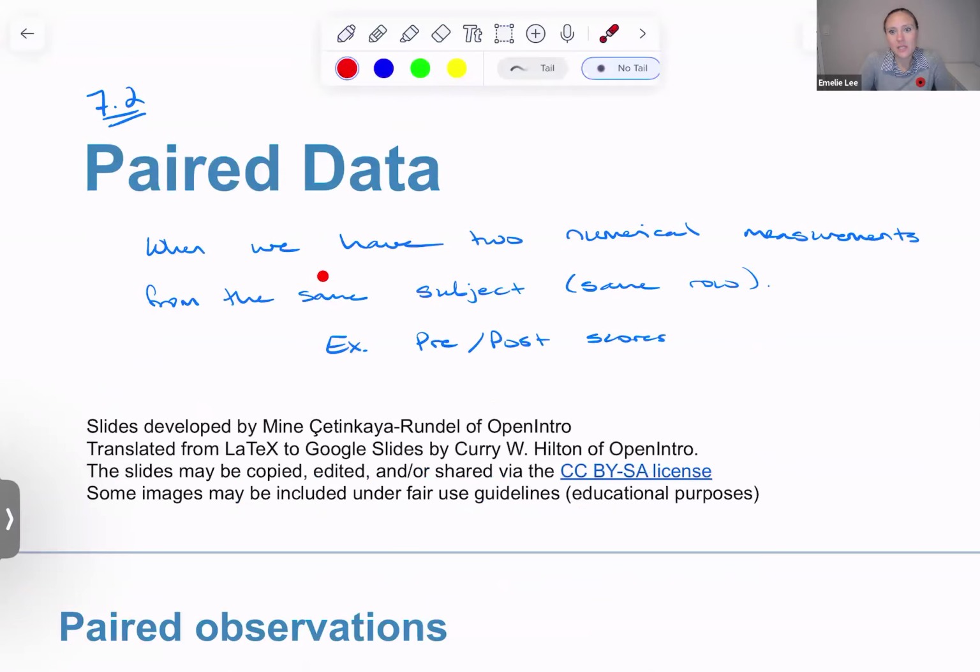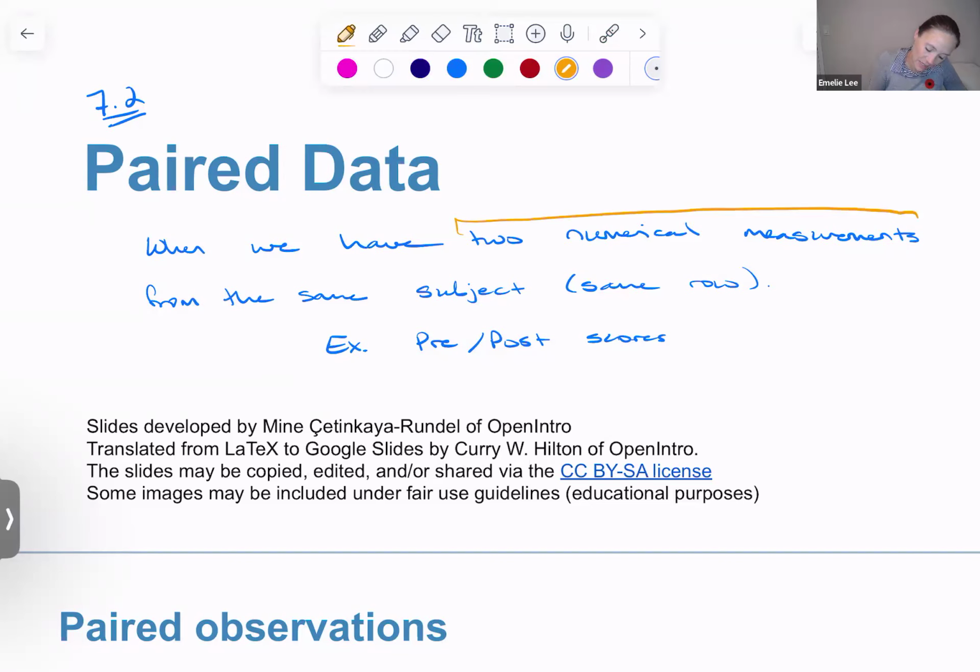Paired data is exactly as it sounds. Okay, so pairs like this, when we have two numerical measurements from the same subject. So in the same row, you have two numerical measurements. Okay, that's technically two samples, right? But when they're from the same subject, that makes them paired.